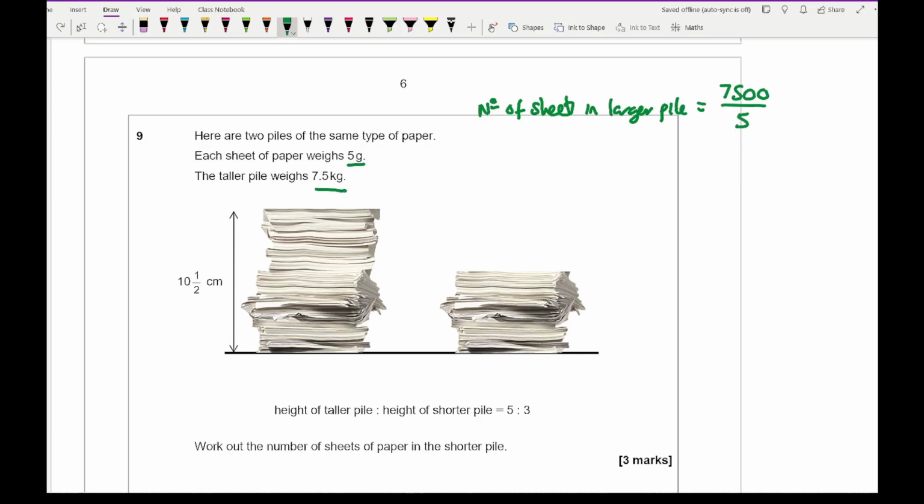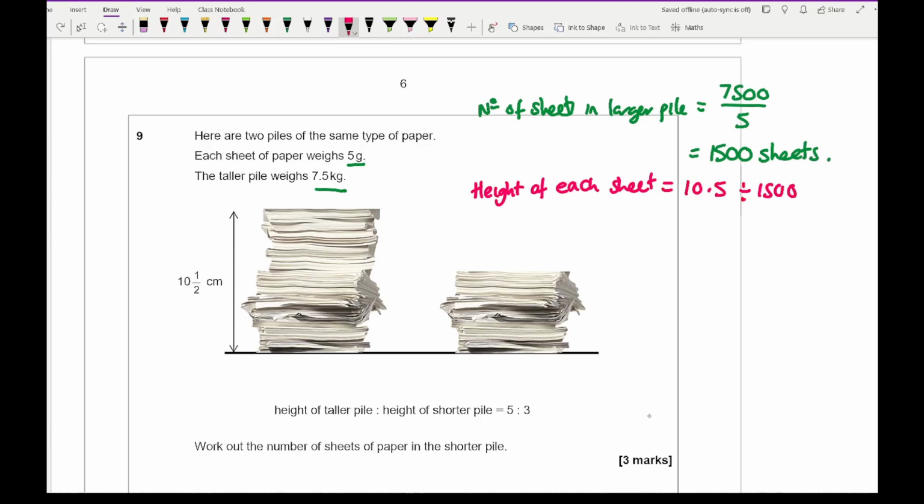So if I type that in, we can then see that we're going to end up with 1,500 sheets. So from this, what I can then do is to work out the height of each sheet. So the height of each sheet is going to be 10.5 divided by 1500.